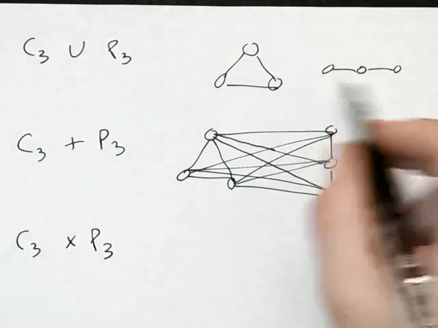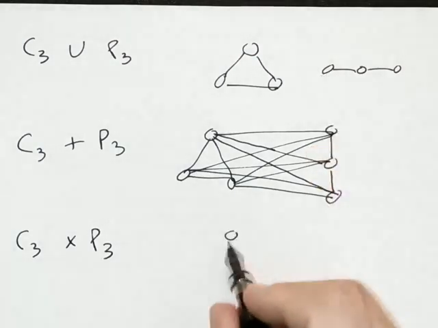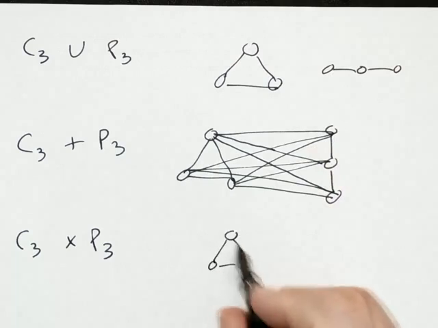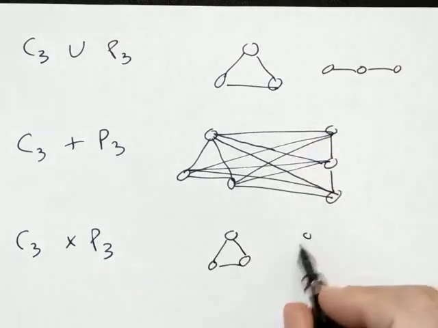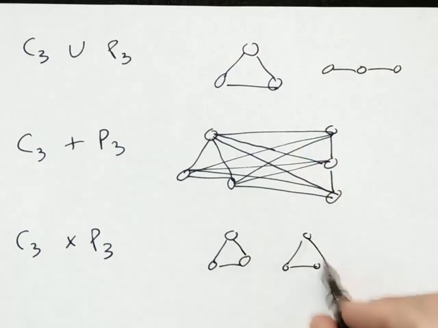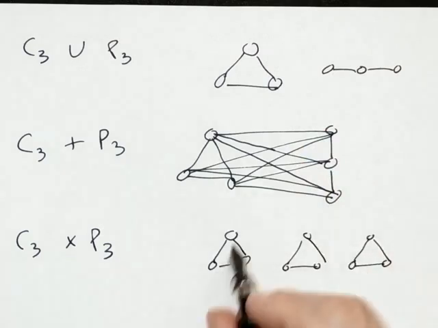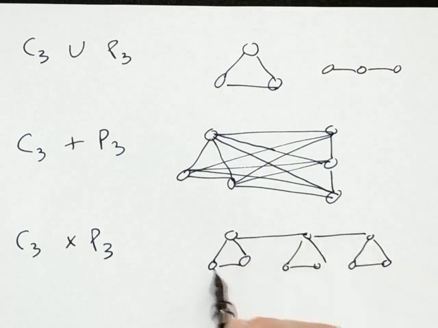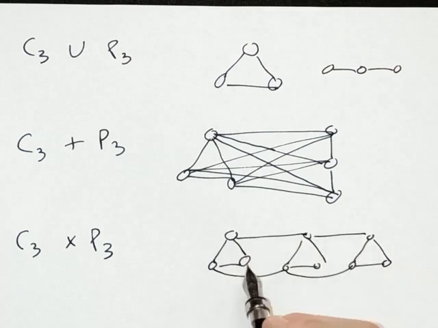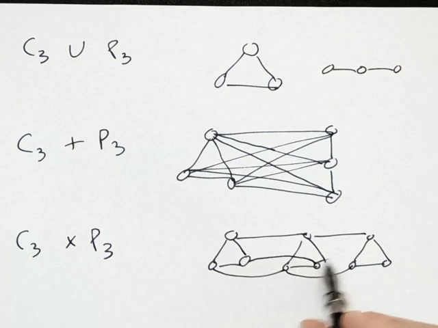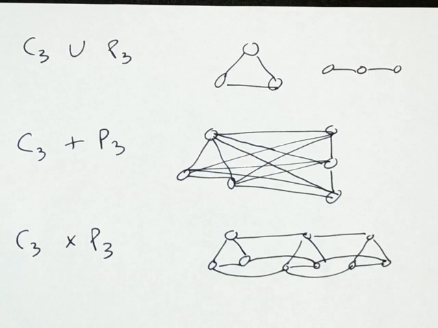I could take the P3 and replace each vertex in P3 with a copy of C3 and then connect them like they would be connected in P3. Or I could take each vertex in the triangle and replace it with a copy of a path of 3.